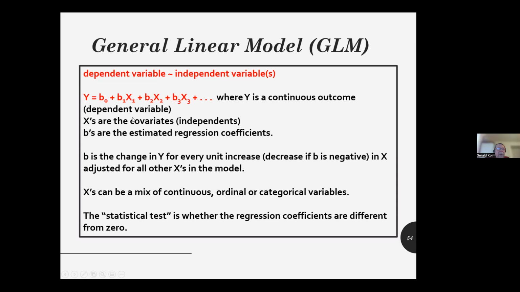The x's represent the covariates, and the b's or betas are the estimated regression coefficients. When you see an equation like this, where you have more than one independent variable, the interpretation is that the beta coefficient represents the change in y for every unit increase in x. So when you have multiple independent variables, they're adjusted for all the other independent variables in the model.